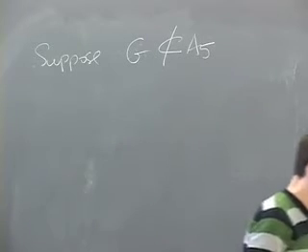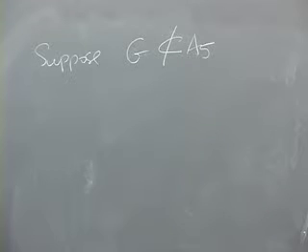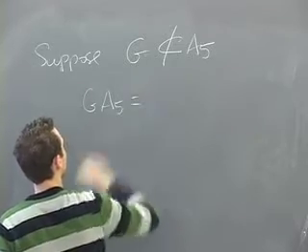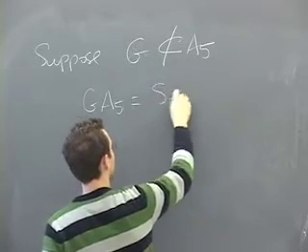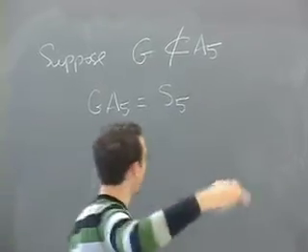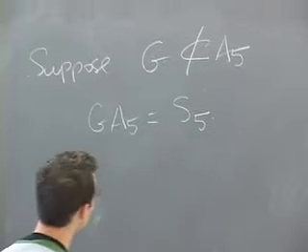Well, remember A5 has index 2 in S5. So that implies that GA5 must be all of S5, right? Because I'm multiplying by this thing, I get the other coset. So it gives me all of S5.